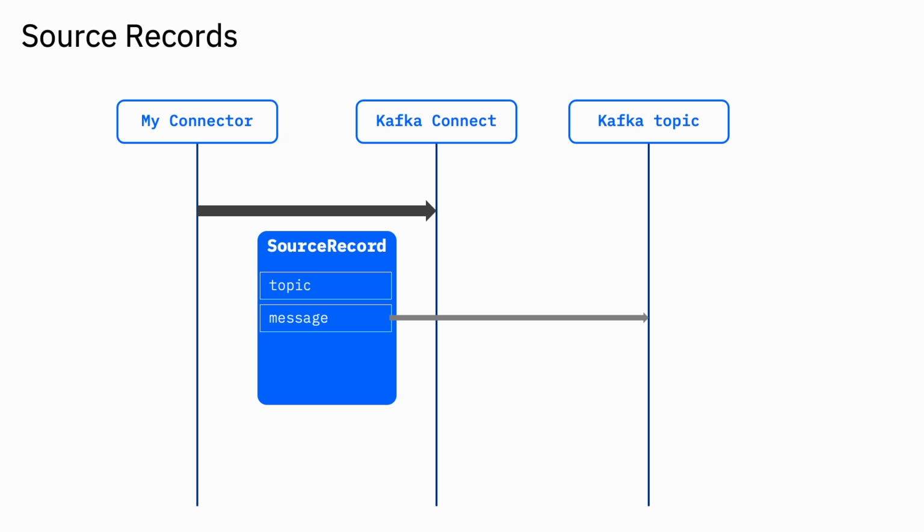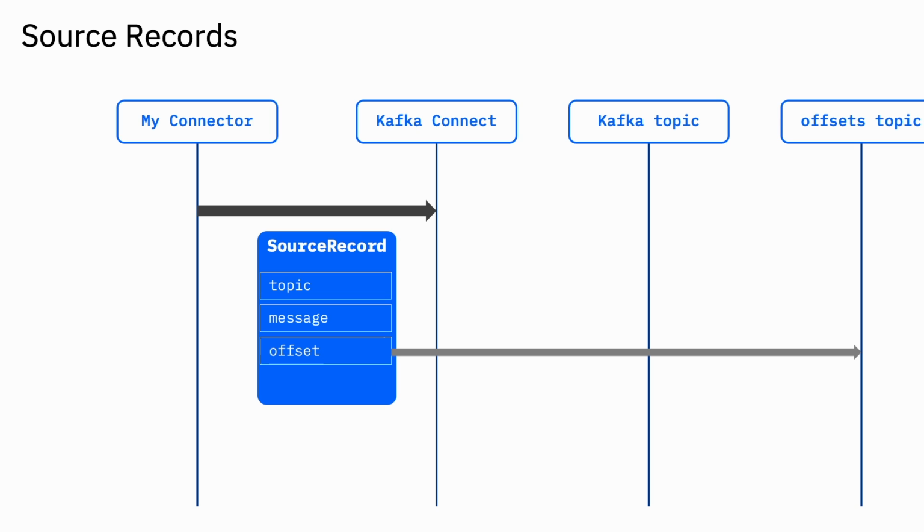What else goes into that source record? Well, obviously the message itself, something that Connect can serialize using whatever converter it's been configured to use. The idea is that the message is just something that Connect is going to be able to produce to the topic. There's also some other things you put in there, including the offset.